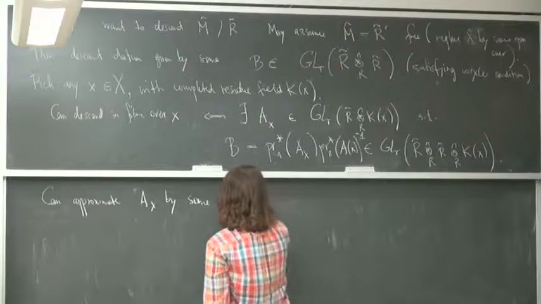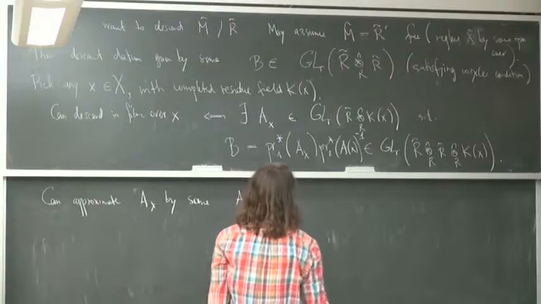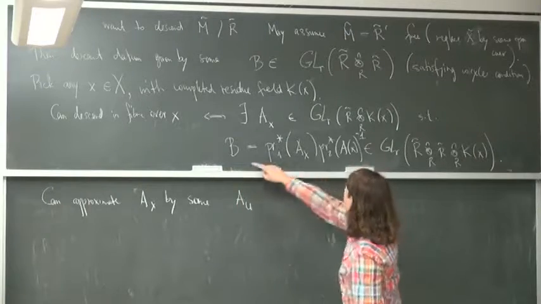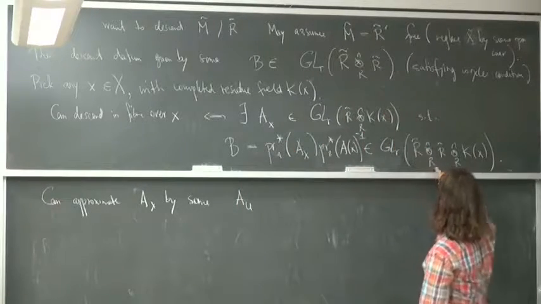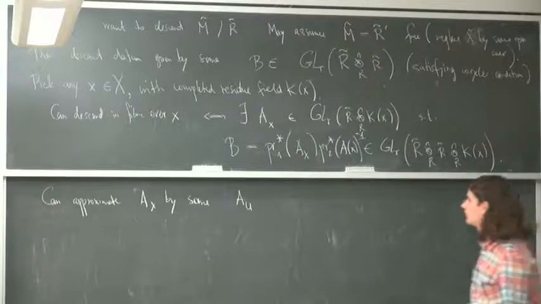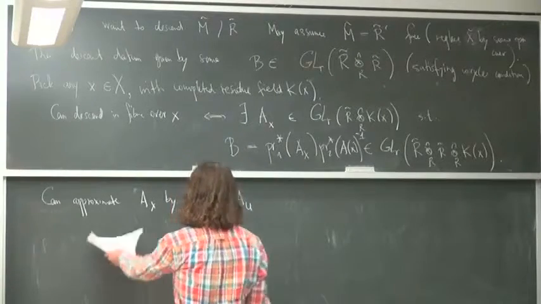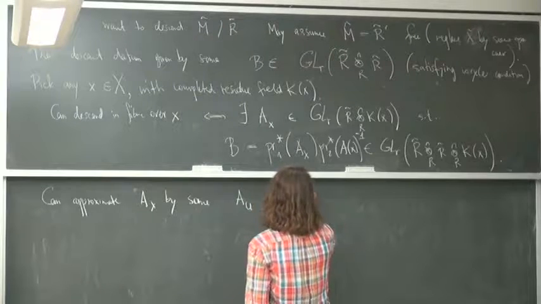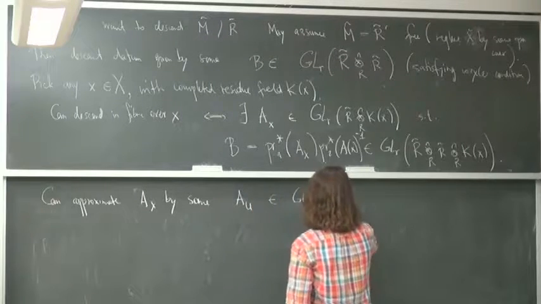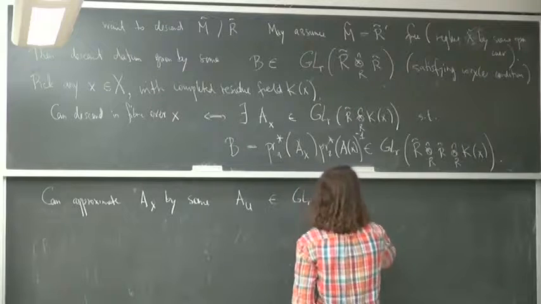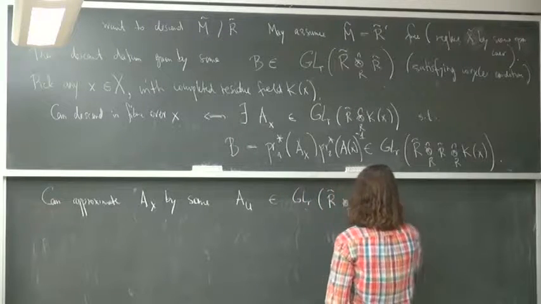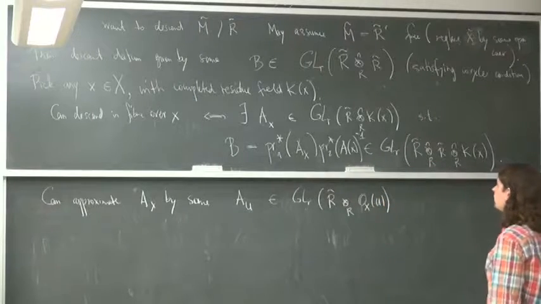So what's the claim about B, such that B belongs as an element in here? B is a priori an element in this guy. We can approximate A_X by some A_U, which lies in Q_R times O_X(U). So A(X) is the same as A_X.